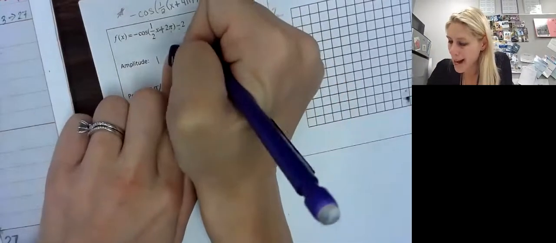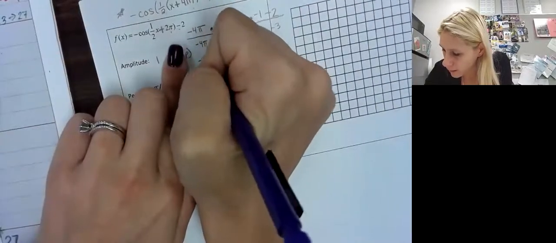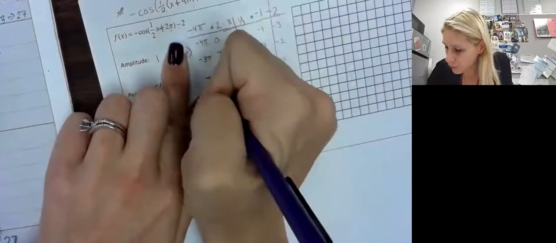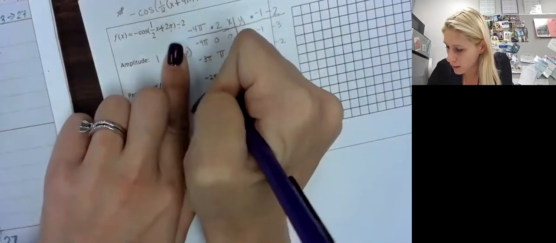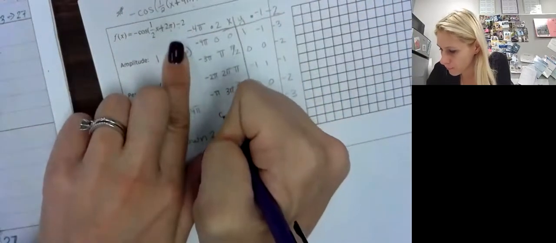Pi minus 4 pi is a negative 3 pi. 2 pi minus 4 pi is a negative 2 pi. 3 pi minus 4 pi is a negative pi. And 4 pi minus 4 pi is 0.